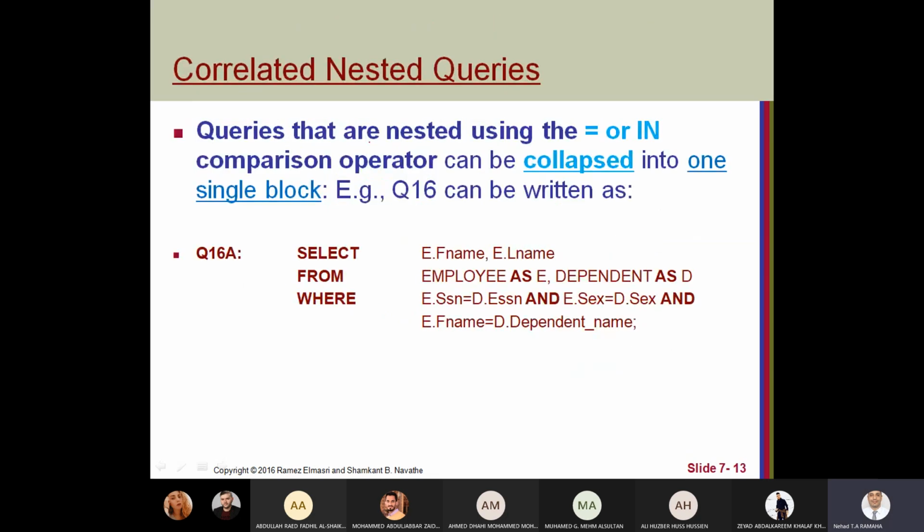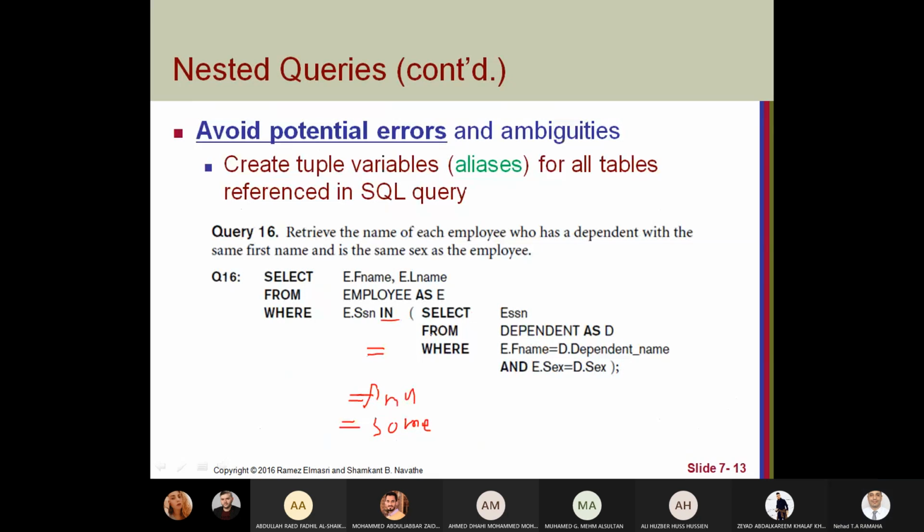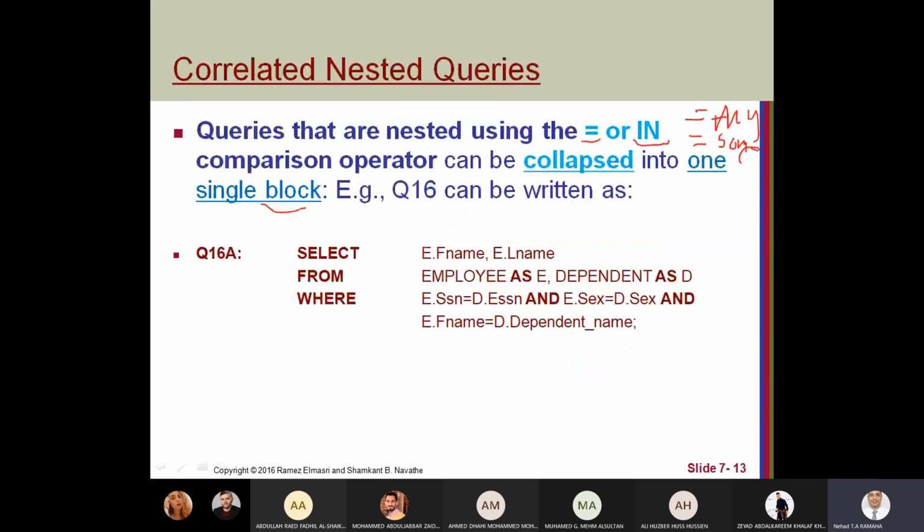Because if the nested query uses equal or IN or equal ANY or equal SOME as a comparison operator, you can collapse or merge this nested query into one single block or one single query. So we can rewrite this query into one query like this.